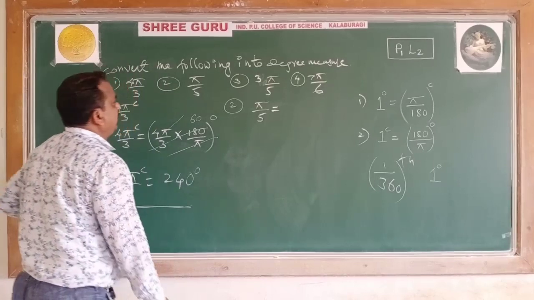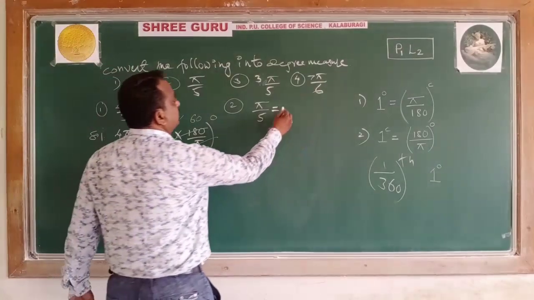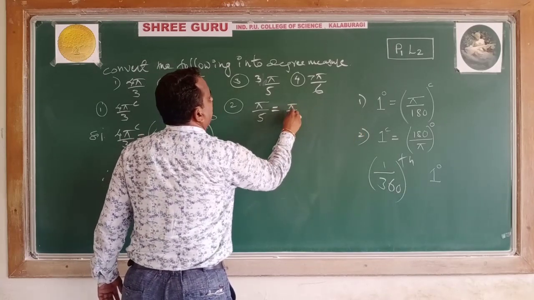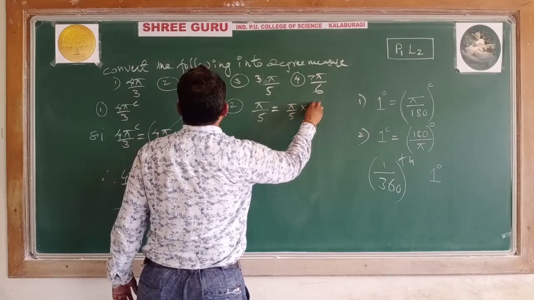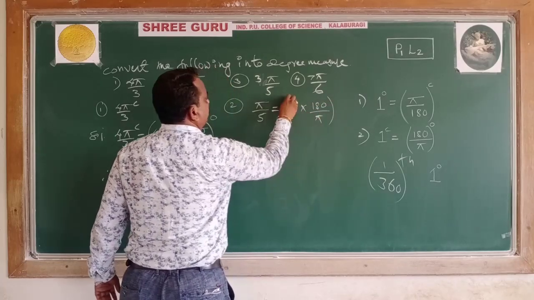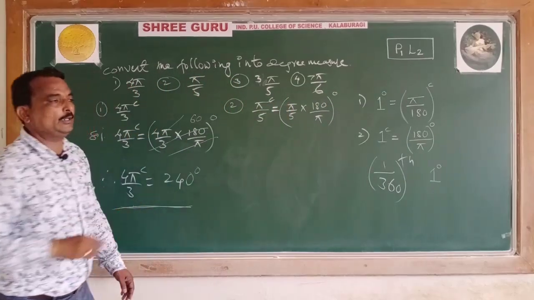Now see, students, the conversion of pi by 5 into degree measure: pi by 5 into 180 by pi.